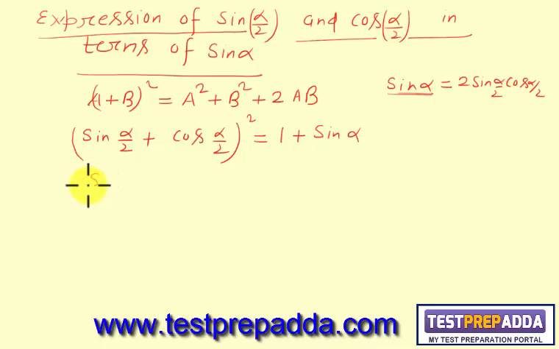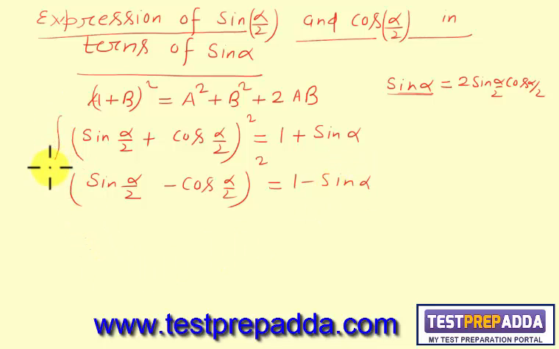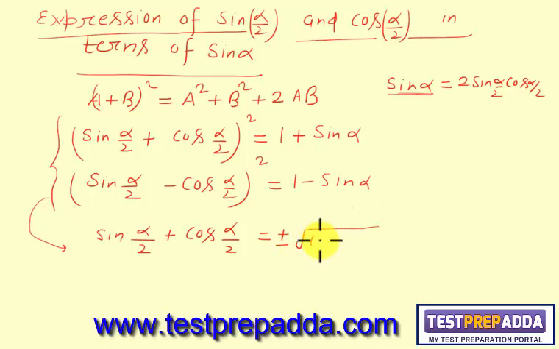Similarly, I can write sin alpha by 2 minus cos alpha by 2 whole square is equal to 1 minus sin alpha. Okay, now with the help of these two, I can write sin alpha by 2 plus cos alpha by 2 is equal to plus minus root 1 plus sin alpha.